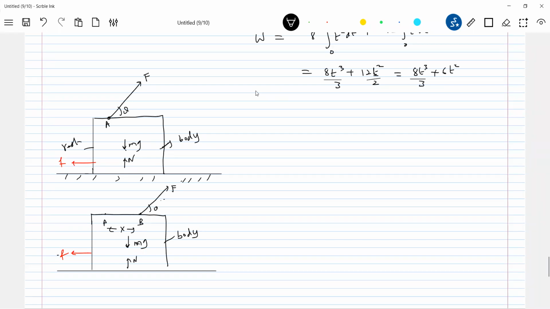Under the action of the force, the body will not undergo displacement, but the point of application of force is having displacement. So X here is the displacement of the point of application of force. And what is the displacement of the body? 0, no?